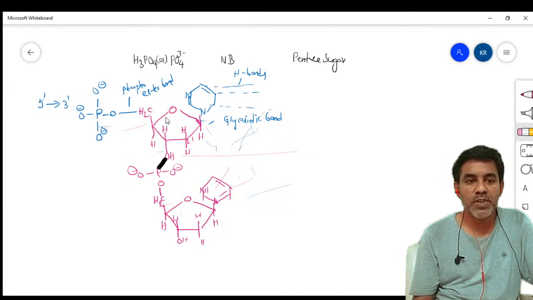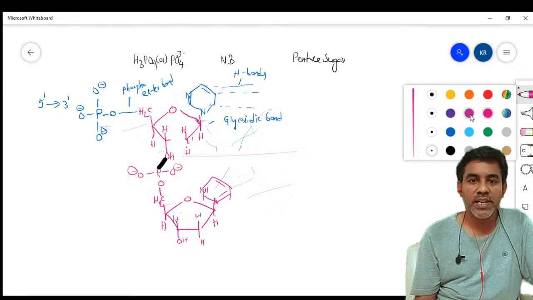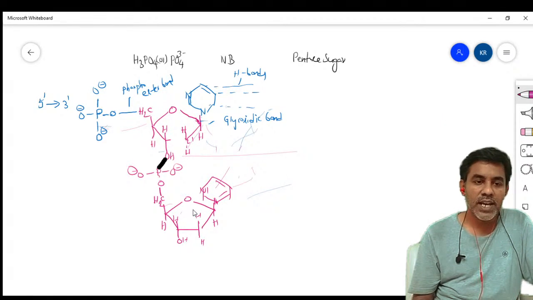Previously, in between the sugar and phosphate molecule, we saw a single bond. That single bond is the phosphoester bond. But here at two locations, at one side phosphoester bond and at this side also phosphoester bond.